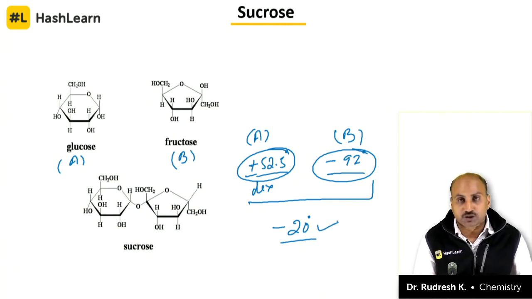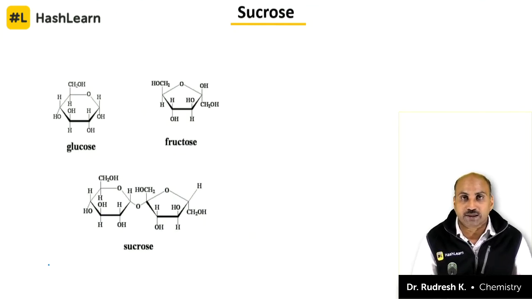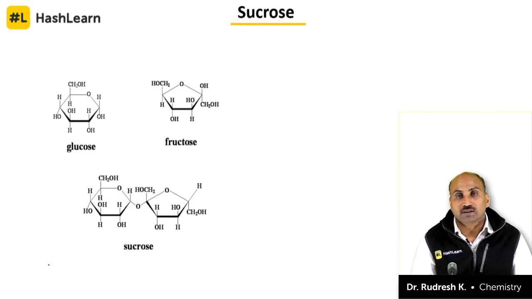Coming to the sweetness of sucrose, all of you know that the best sugar we think of is sucrose, which is also called fruit sugar. The sweetness of a sugar is measured by a special number, the sweetness index: how sweet the substance makes the taste on the tongue.